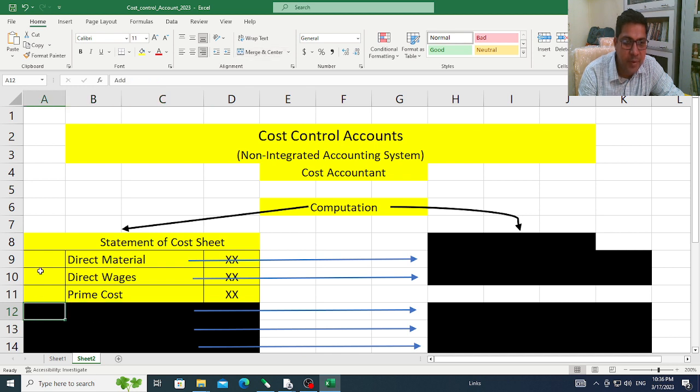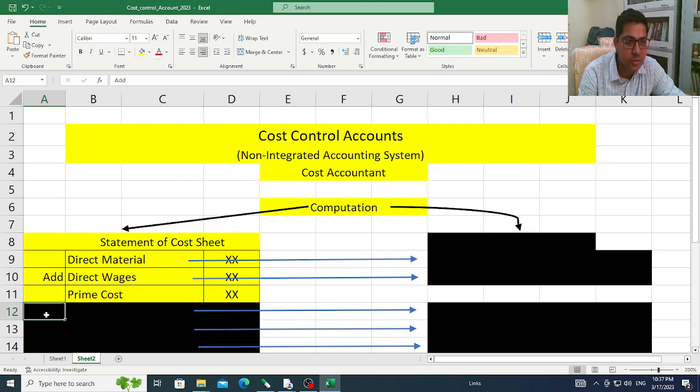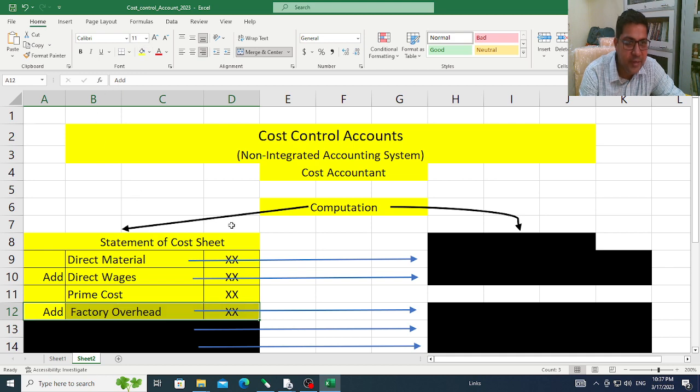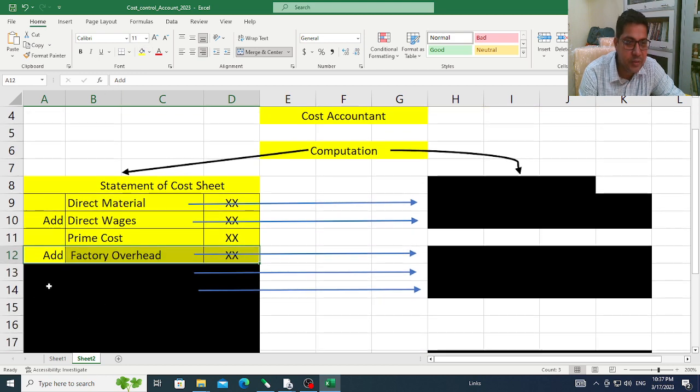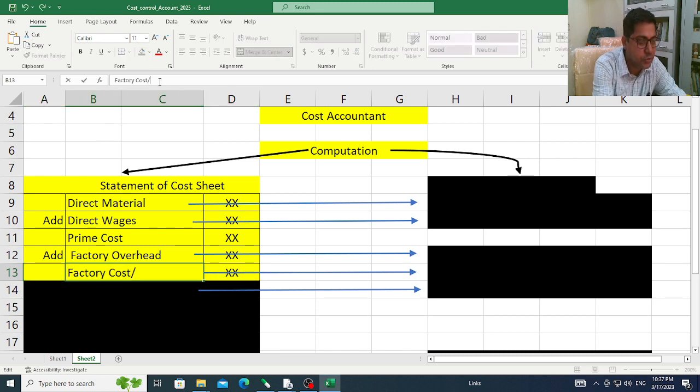After getting prime cost, we add factory overheads. Once we add factory overheads, we get factory cost. It is also called works cost.